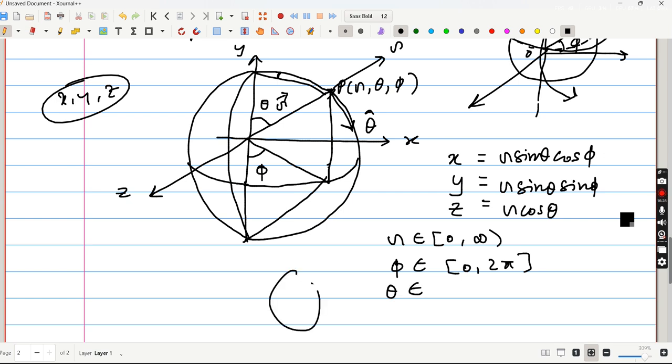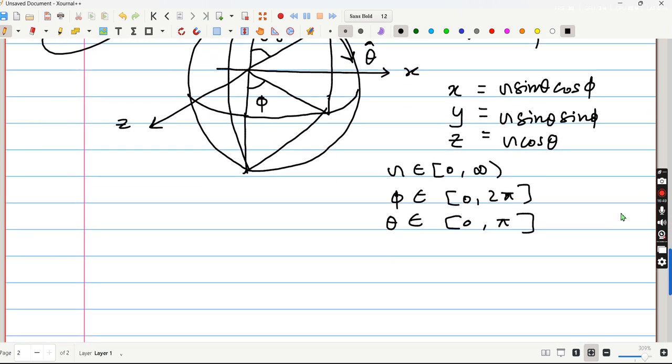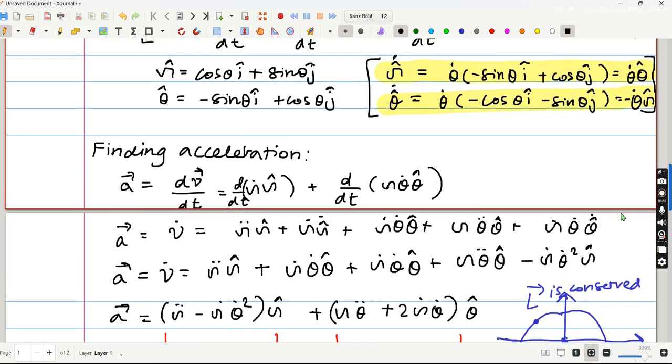Theta accounts for the vertical motion, from here to here, 0 to pi only. Okay, so this is your spherical polar coordinates, and it's generally used everywhere in electrostatics, as we will see later on.